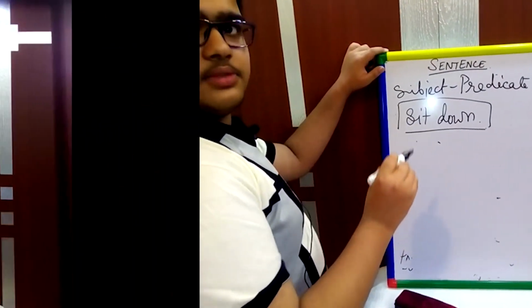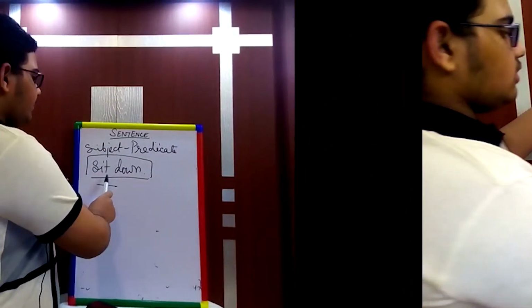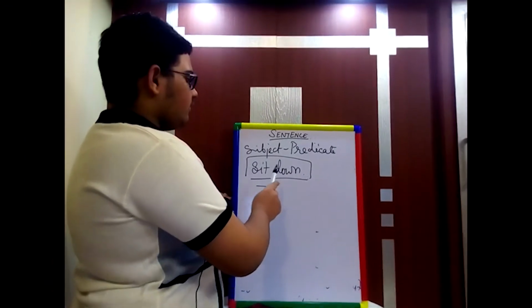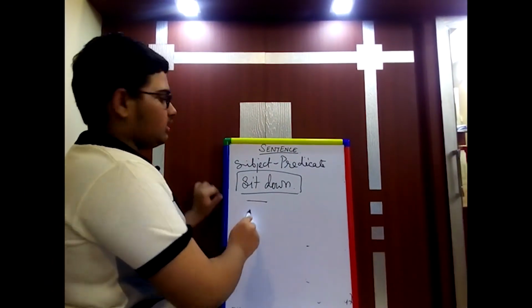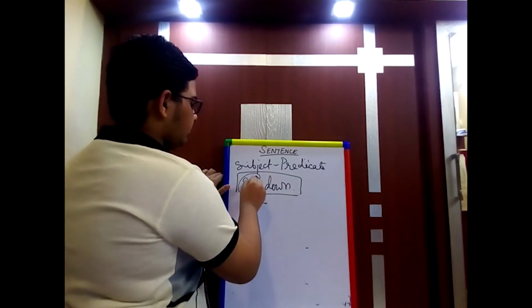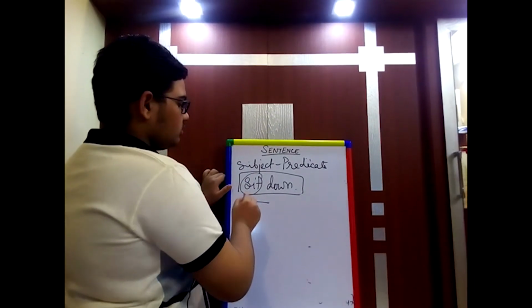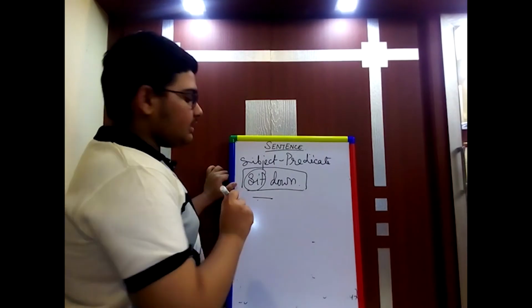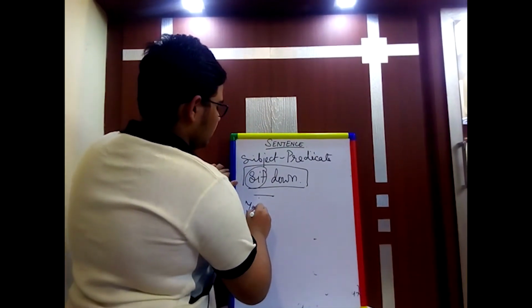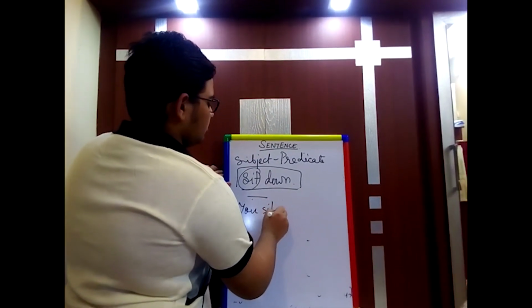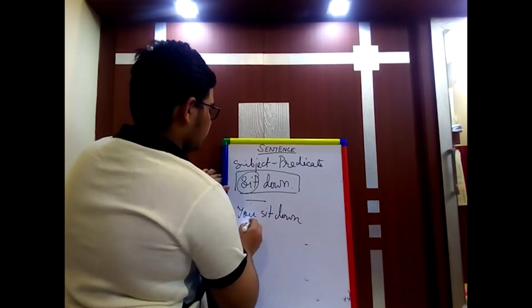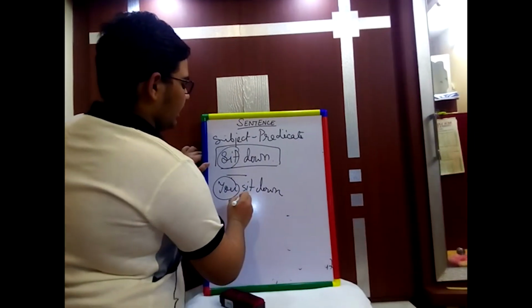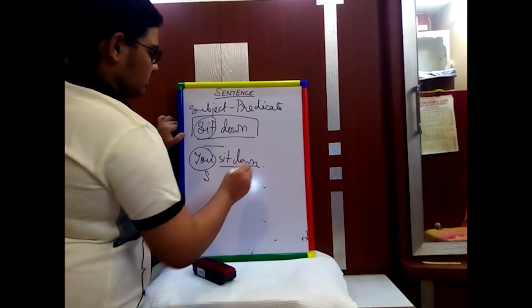We don't have a subject. There is only a verb, sit. So how can we imply the subject? We have to understand that the sentence says you sit down. So in this sentence we have you as the subject and the rest of the sentence as the predicate.